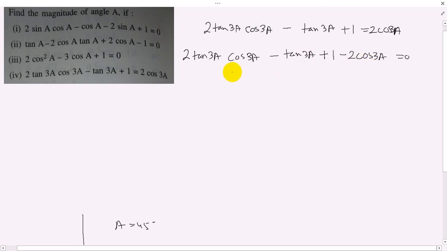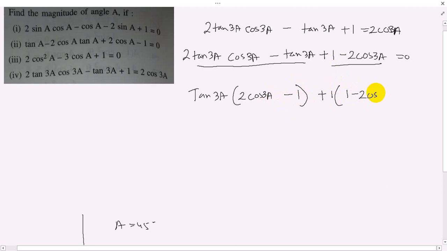We would take common here and here. What is common here? Tan 3A. What is left? 2 cos 3A minus 1, and here plus 1 is common, so 1 minus 2 cos 3A is equal to 0.